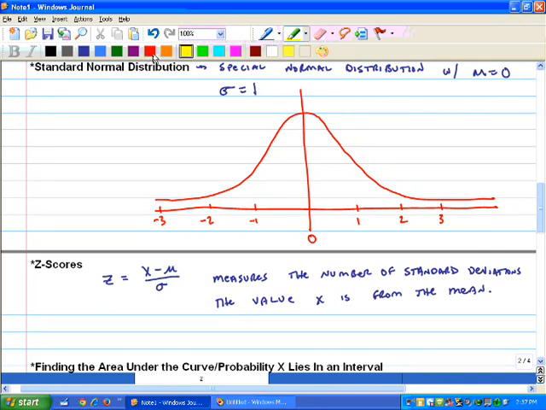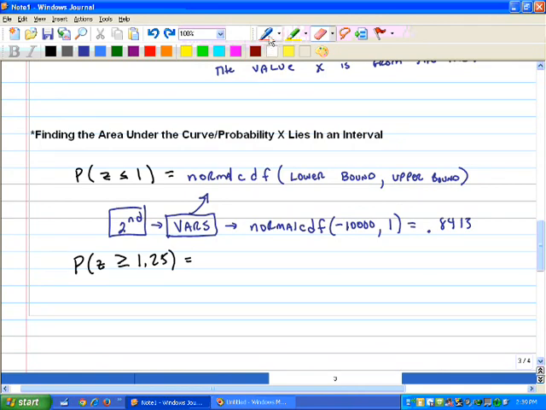Greater than or equal to 1.25. 1.25 is approximately here, so we would be looking at the region under the curve from 1.25 to infinity. Again, because we can't type infinity on the calculator, we're going to find normal CDF. Our lower bound this time is 1.25. We're going to use 10,000 for our upper bound.